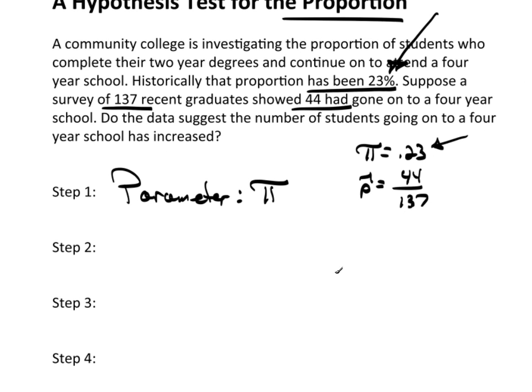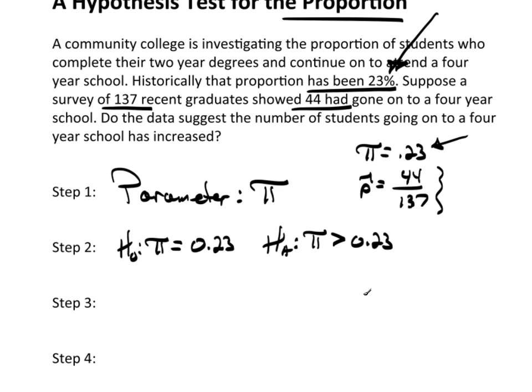So let's state the null and alternative hypotheses. Does the data suggest the number of students going on to a 4-year school has increased? The null hypothesis would be that pi equals the status quo, what has been happening, 0.23. The alternative hypothesis is that pi is actually greater than 0.23.